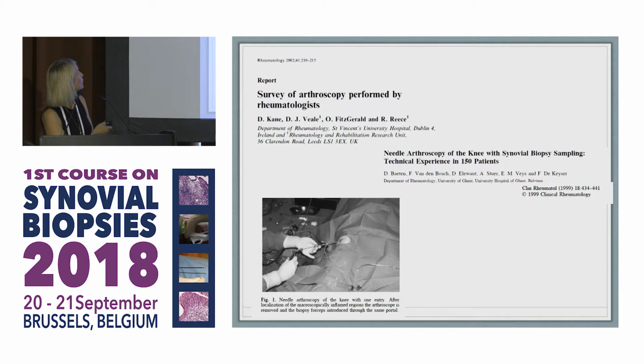I give two examples here, but particularly this seminal paper, which is frequently quoted, which was a paper that Doug Veal was an author on, and reported on the outcomes, particularly the safety of rheumatologists that were performing arthroscopy. There was also a large series looking at tolerability and success of the procedure.